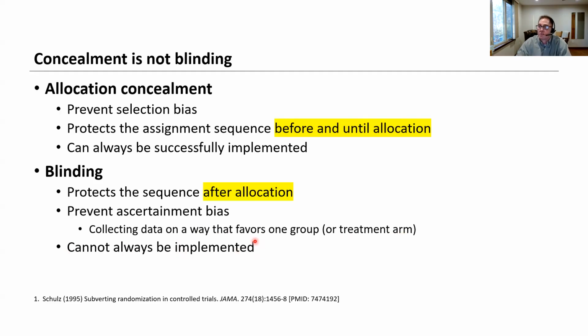Sometimes it's hard. You can imagine a surgical trial, right? If patients are going into surgery, they know what surgery they're getting, and the physician knows what surgery they're going to give. A good example is a HIPEC trial we're working on now, where patients are randomized after they get a cytoreductive surgery, and before they get the HIPEC add-on to that.